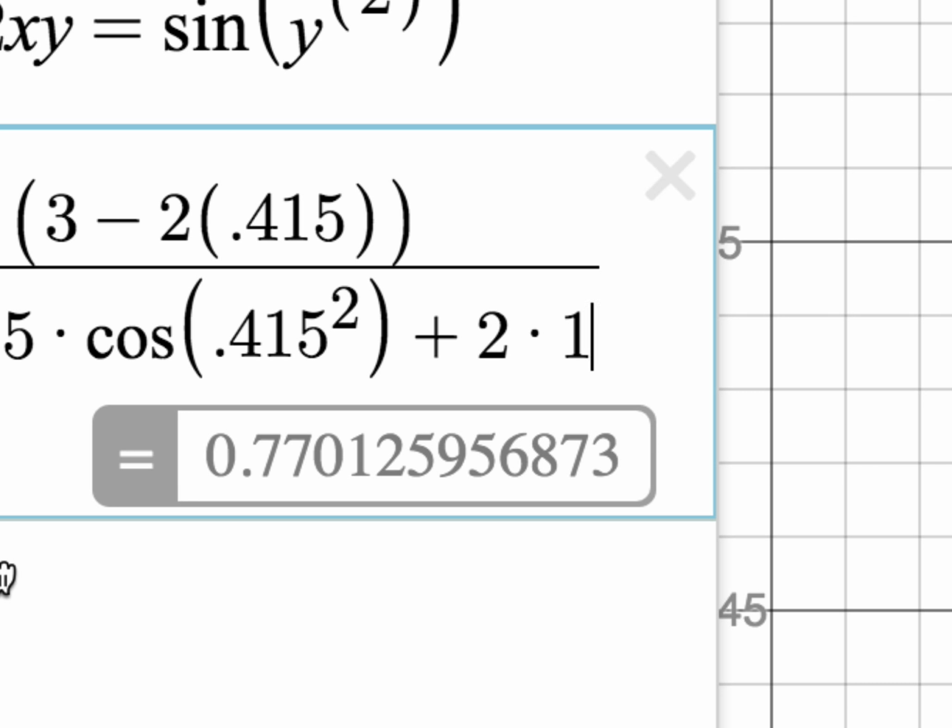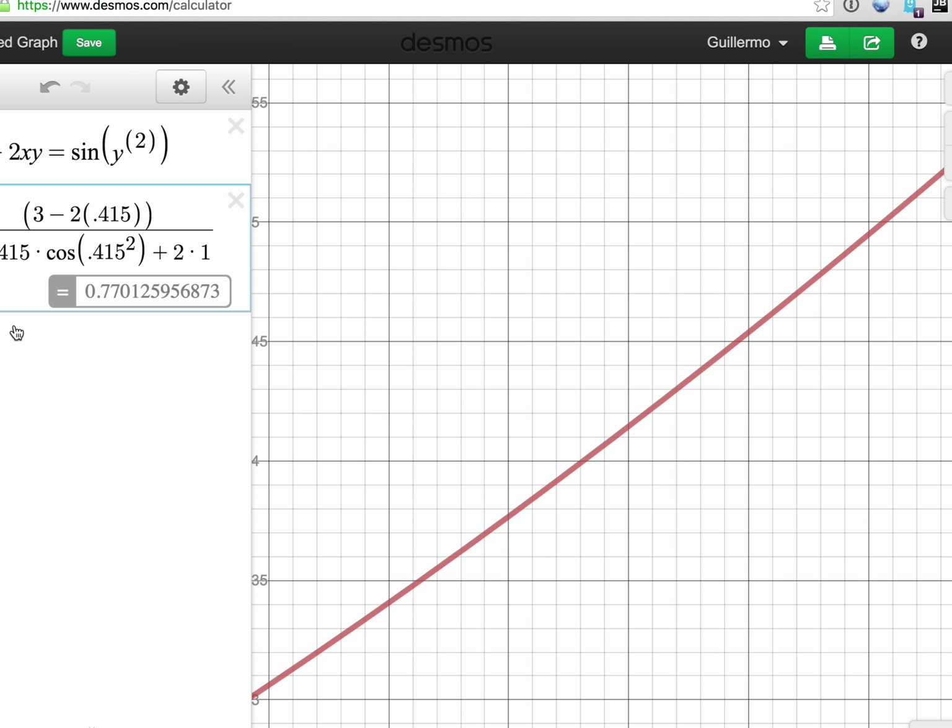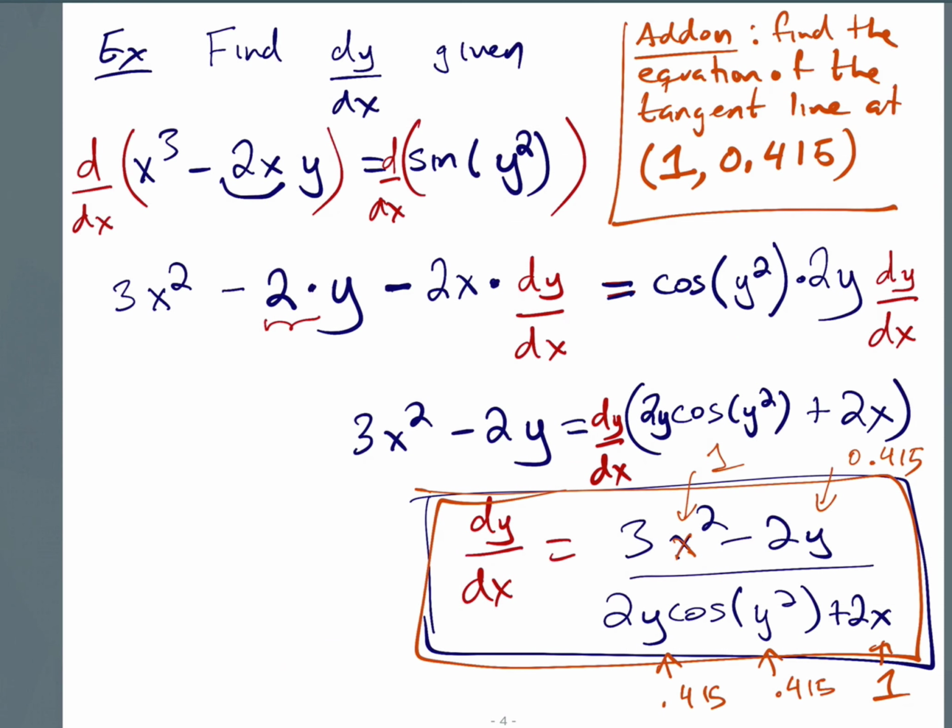So now 0.77 is our slope. That's the slope, exactly. So the slope is 0.77012, all that jazz. Okay, so let's write that down. Why is it 3? Shouldn't it be 1? Oh, yeah. You with me?